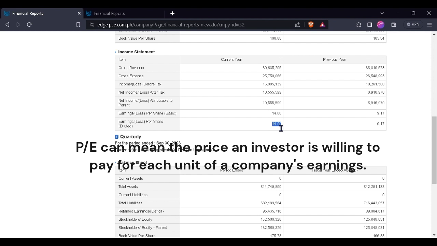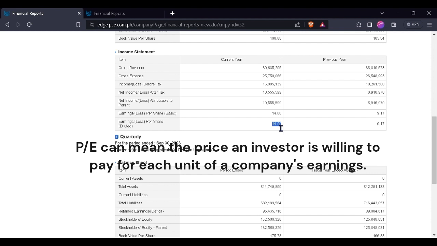So Security Bank has a PE ratio of 5.13, meaning I'm willing to buy shares from Security Bank at 5 pesos and 13 centavos for every 1 peso of their earnings.